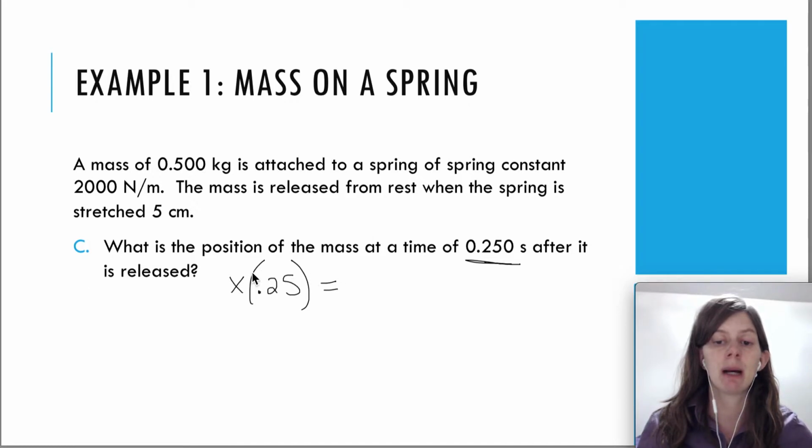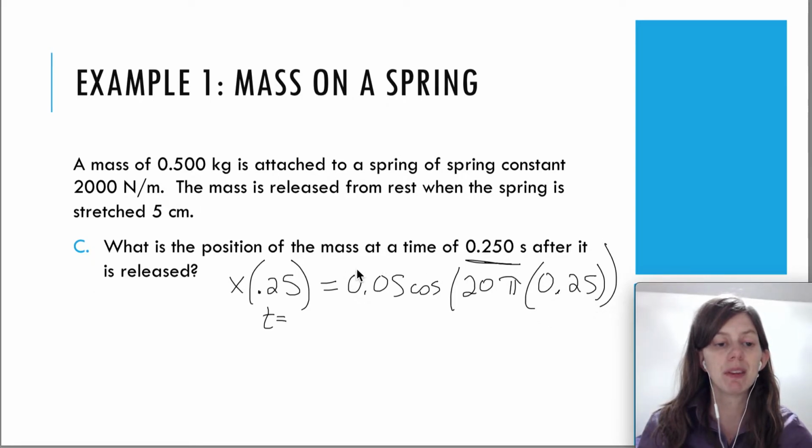I'm just saying that I'm finding x when time is equal to 0.25 seconds. So it's going to be 0.05 cosine of 20 pi times t, where t is 0.25 seconds.